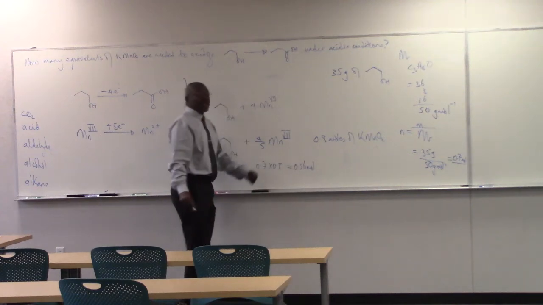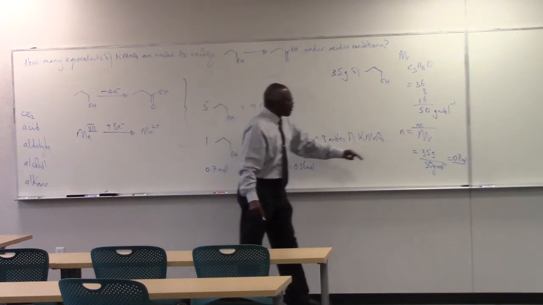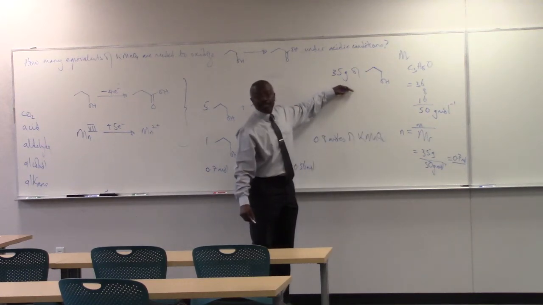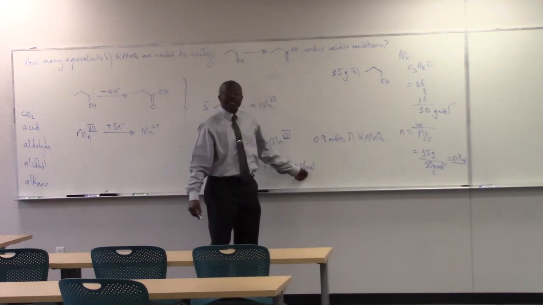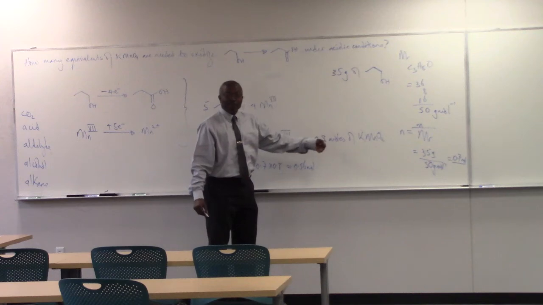And the question could be even more tedious and say, what mass of potassium permanganate would I need to oxidize 35 grams of this compound? Well, that's easy. I know the number of moles I need is 0.56. I could work out the molar mass of potassium permanganate.